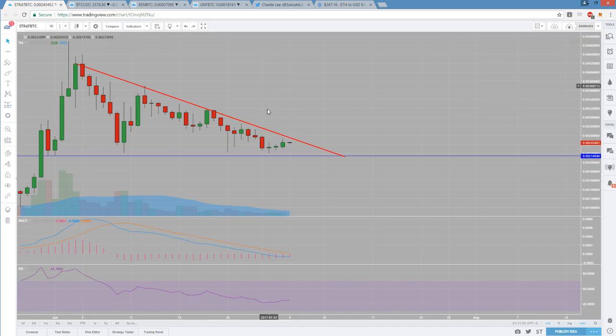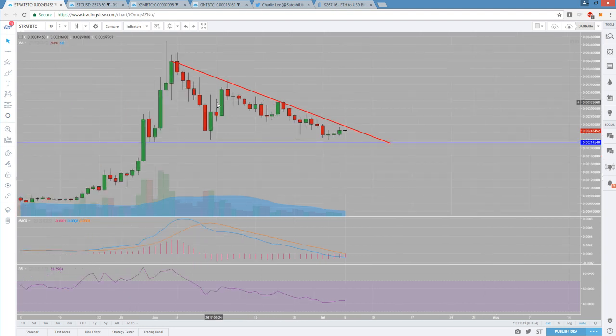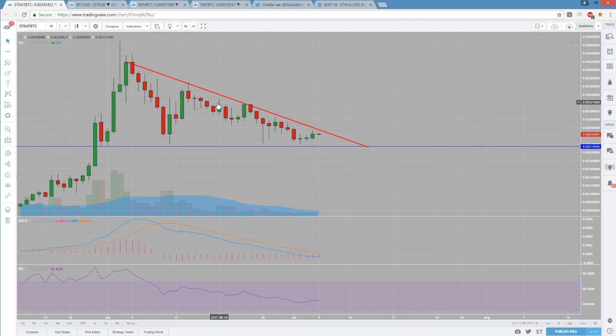I already did Strat. So that is the descending triangle pattern that we're looking at. And again, a lot of these altcoins are in this descending triangle pattern. And when we get a clear break, it is a really nice trade opportunity once that does occur.